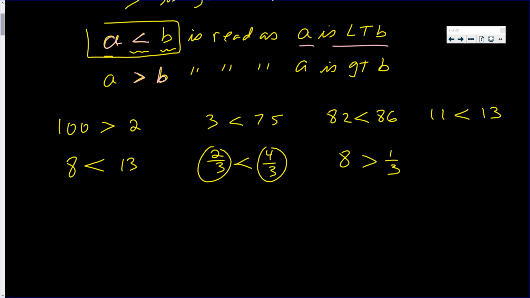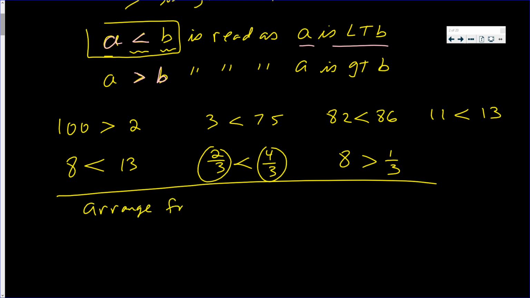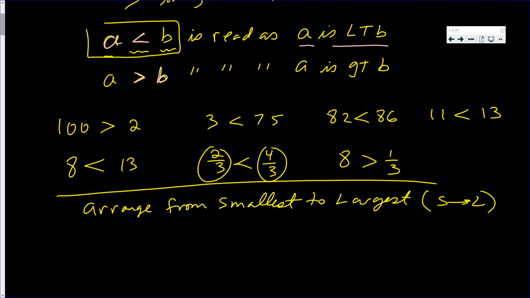So the arrowhead goes that way. Okay, now I'm going to give you a list of numbers, and the instructions will be arrange from the smallest to largest. Generally, I will denote this as from small to large.